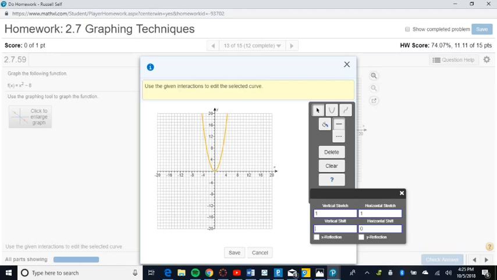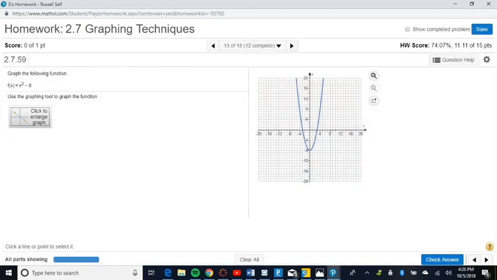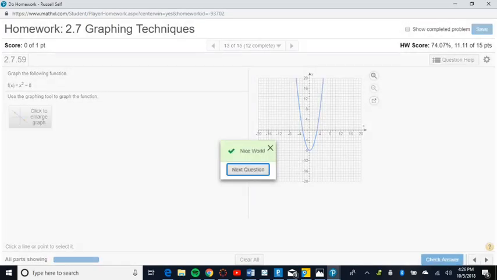Okay, so let's just get rid of that 0, and it's a vertical shift down 8. Okay, let's save it. Do you see it? Dropped our graph down to where the negative 8 is. And there you are.